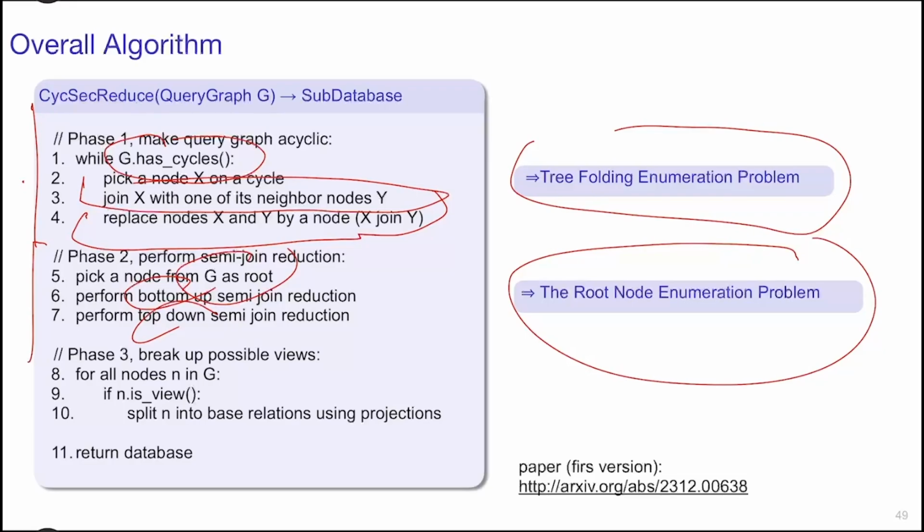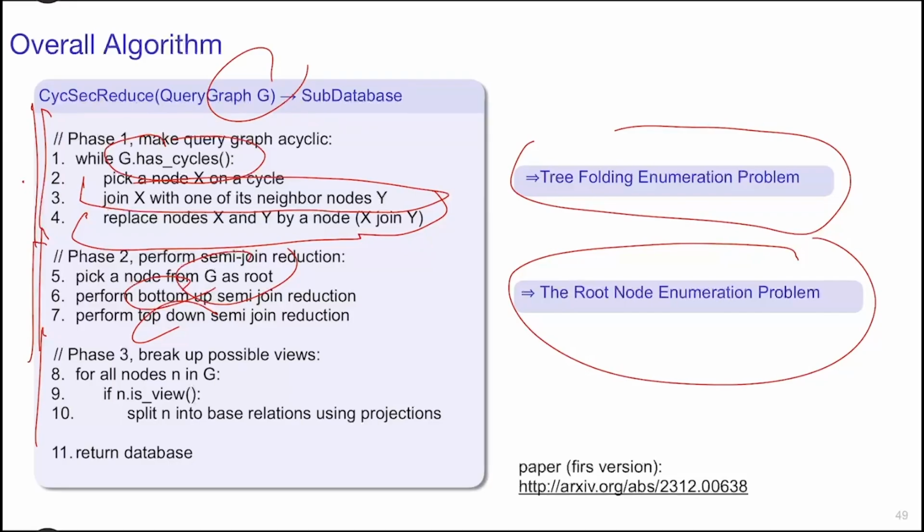Then the result of that, you're almost there, except now you have to clean up the mess you did in phase 1. Because if you have nodes that are join results, now you have to project them back to the individual relations. If the graph you put in step 2 is already acyclic, each individual node represents a single relation.